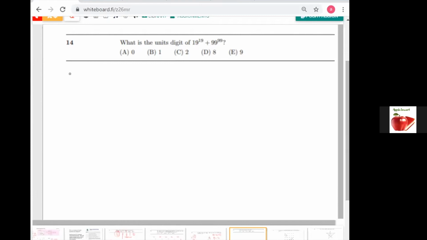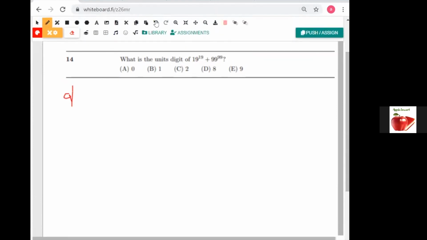Does anybody know what 9 to the power 1 is? Let me write that better. 9. That's right. 9 to the power 1 is 9. What's 9 to the power 2?